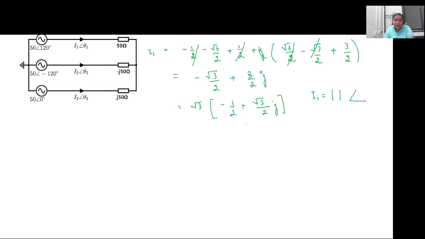Angle you can directly find out, right? 120 degree. So it is tan inverse of root 3 by 2 by minus half, tan inverse of minus root 3. So this is 120 degree, right? And what will be the magnitude?